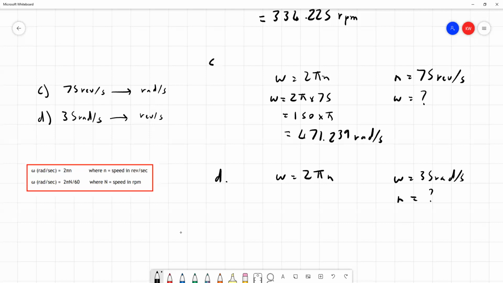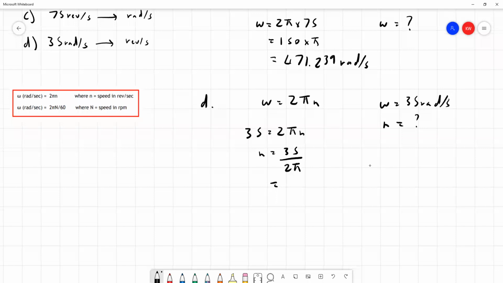So we substitute our values in. 35 is equal to 2 pi n, so n is equal to 35 divided by 2 pi. And solving, we're left with 5.570, and that is in revs per second.